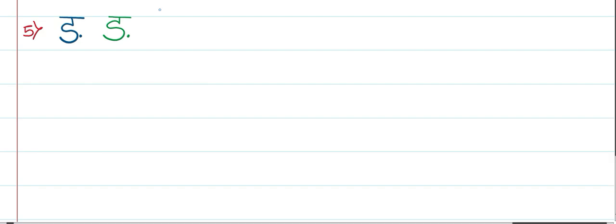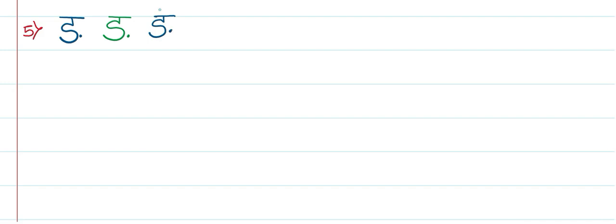If you do a loop on the bottom, then it becomes a vowel. So don't put a loop and instead put a dot beside it, then it becomes a consonant. So let's do it once again, an S and a dot.